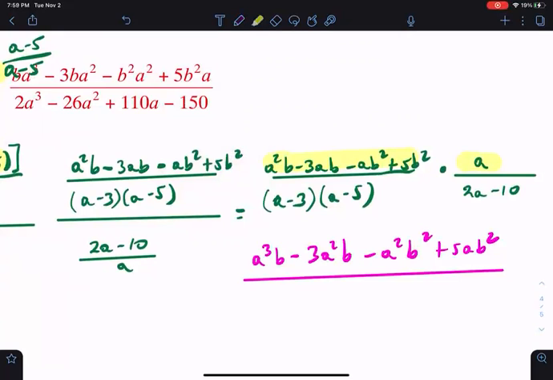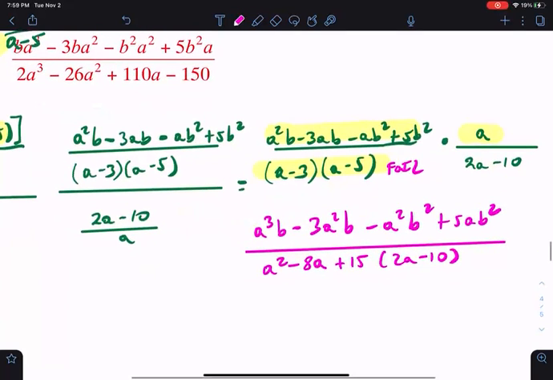You can do this thing first, right? So that's FOIL. You have to do FOIL here, right? So first, outer, inner, last. So this is a squared minus a plus 15, and you're multiplying the denominator, right? So you need to multiply this by this thing, right? So you need to keep expanding this further.